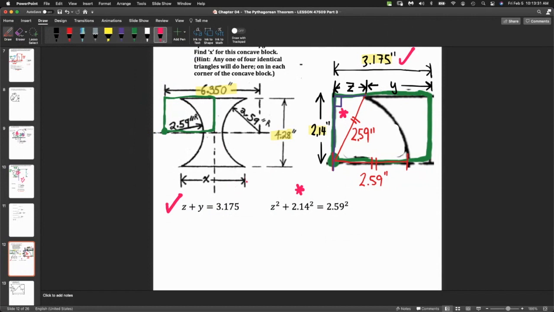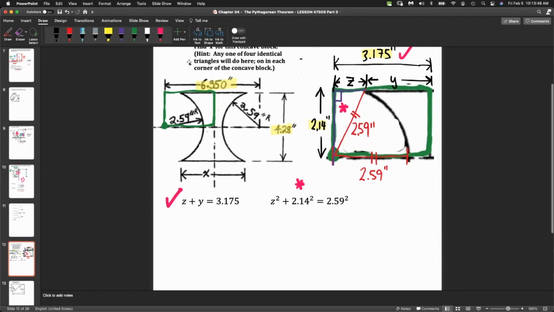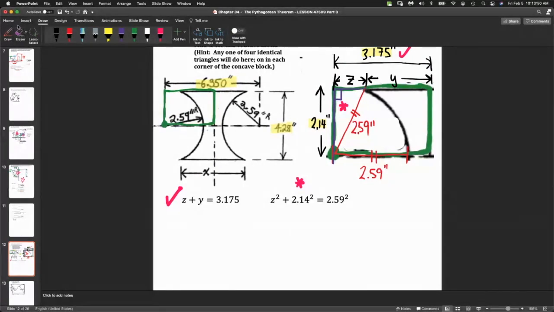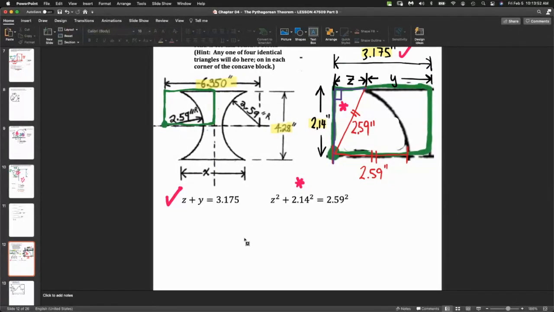Can anybody tell me a formula that connects x with the information on this figure? How does x relate to that figure? What do you think?